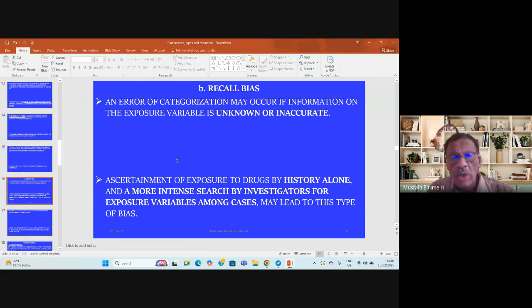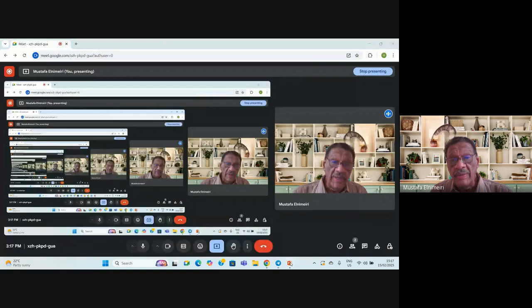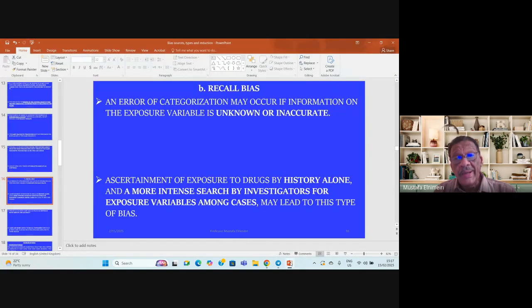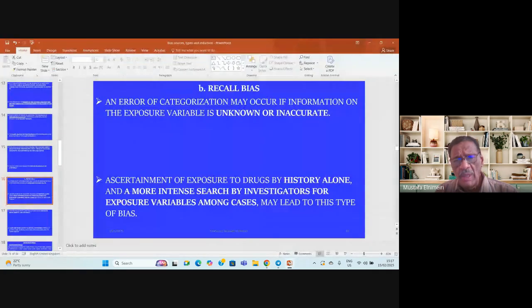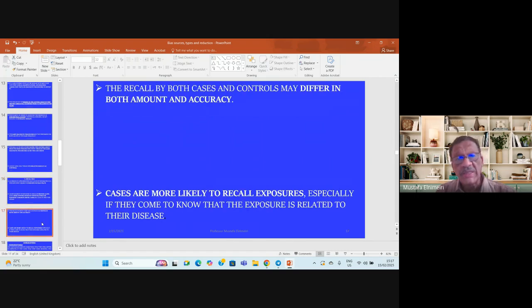We also have the recall bias, an error in categorization that may occur if information on exposure is unknown or inaccurate, for example exposure to drugs by history alone. A more intense search by the investigator for the exposure variable among cases may lead to this type of bias, what we call recall bias.